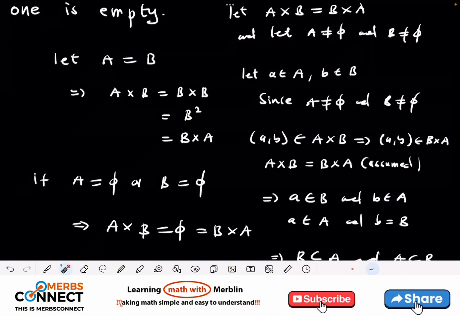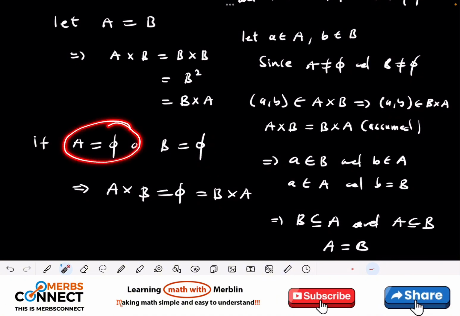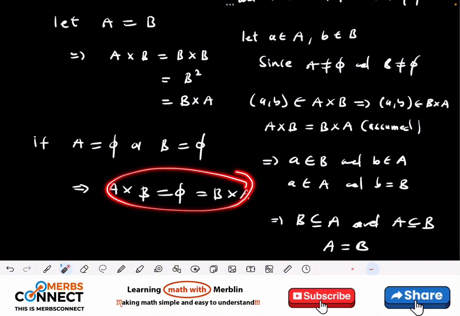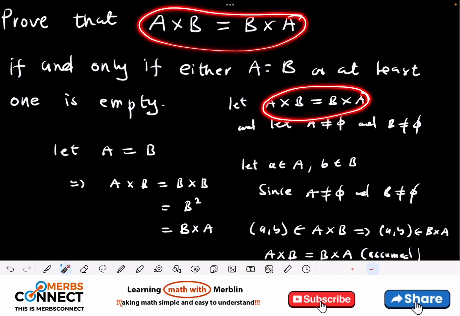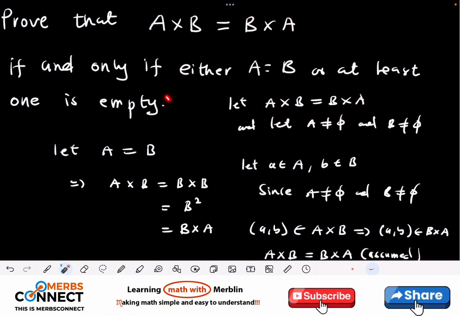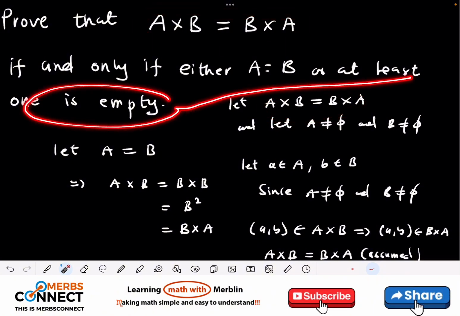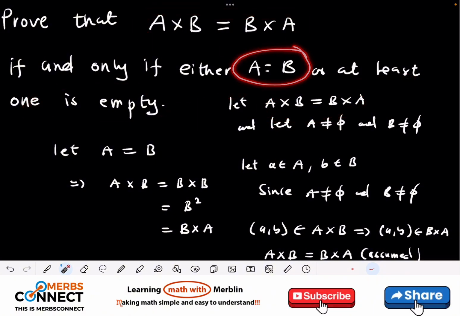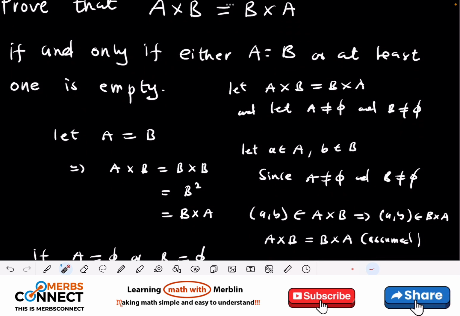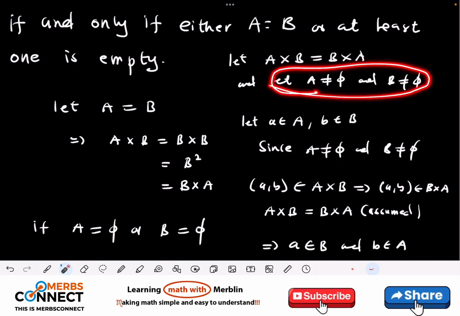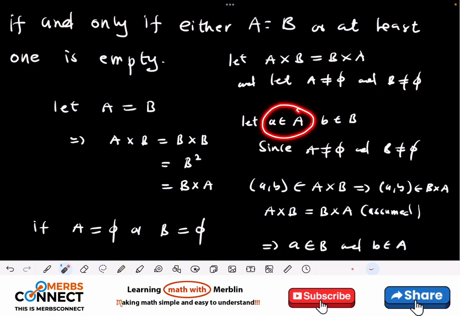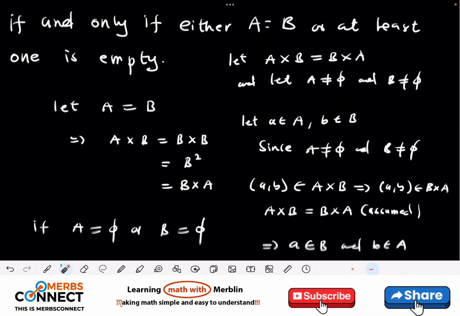And then if we choose any of them to be empty, then indeed they are the same. Then we started by assuming that, okay, let's assume that this is true, right? And none of the sets is empty. And we want to prove that A is also the same as what? B. So if that's the case, since A and B are not empty, then we have an element in A, we have an element in B, right?